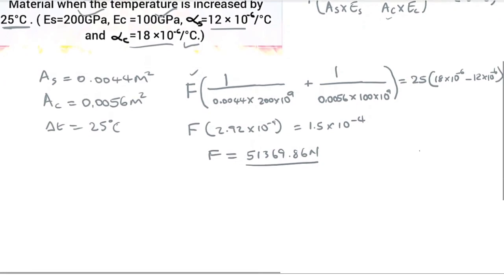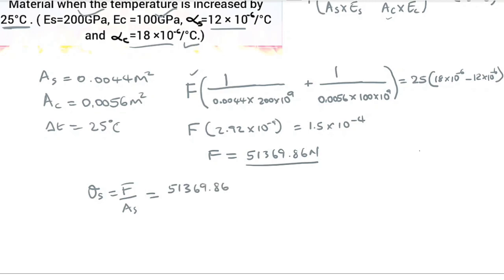So let us calculate it. Here is the formula to calculate the stress for steel: this force divided by the area for steel. Substitute the force here, 51369.86, divided by the area of steel, 0.0044.